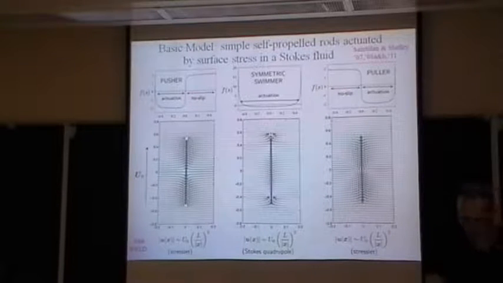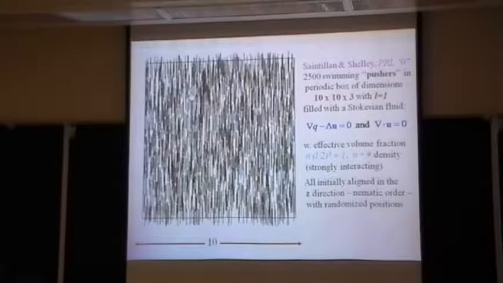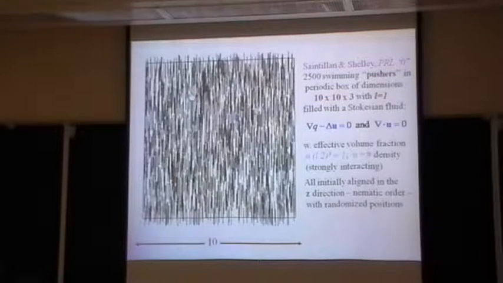Okay, so now here's a simulation. And I know I have a student of Ramaswamy in this place, and we did this simulation because there was a prediction on whether if I had an aligned suspension of swimmers, in fact it could be either pushers or pullers, but if you had an aligned suspension of swimmers, that you could not maintain a flocking order, a long-range orientational order.